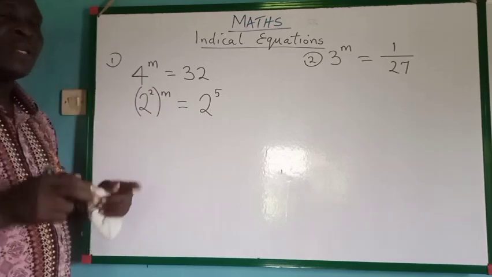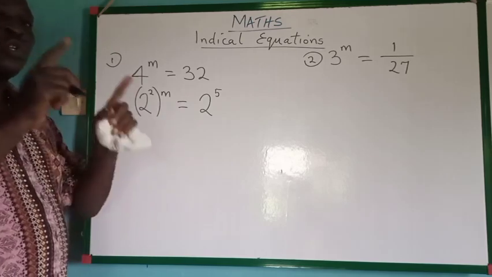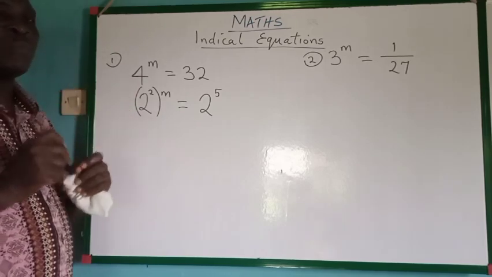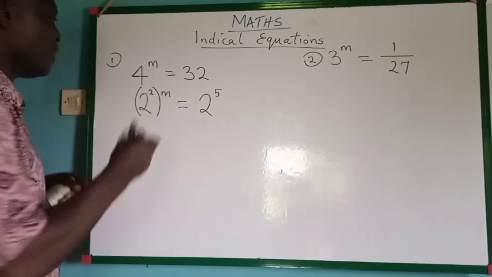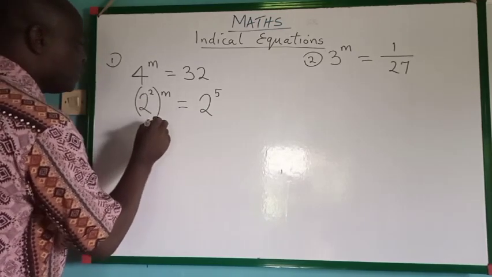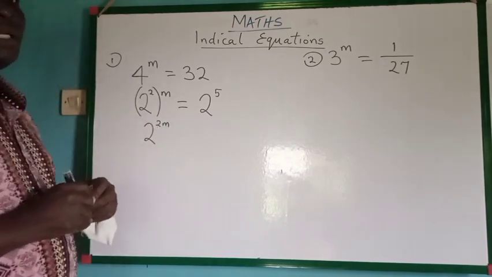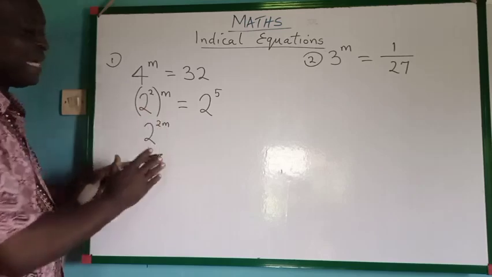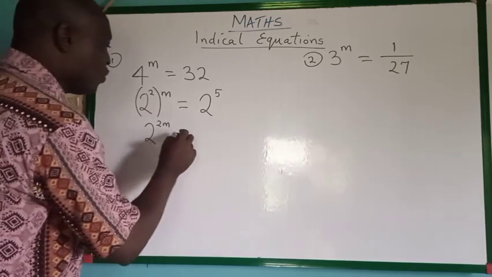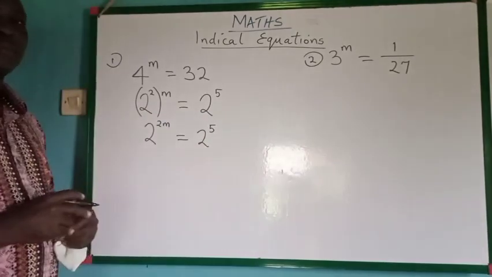That law says that once a number or unknown is raised to double powers, we multiply the powers. So in this case, we are going to be having 2 raised to power 2 times n, 2n. That is what we concluded in that law. So the left hand side is done. So we move on to the right hand side. We'll just bring that one down, 2 raised to power 5.